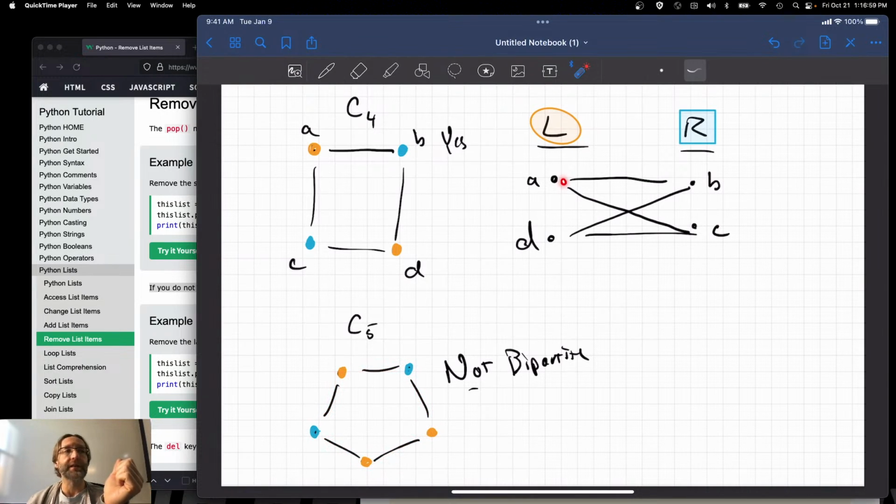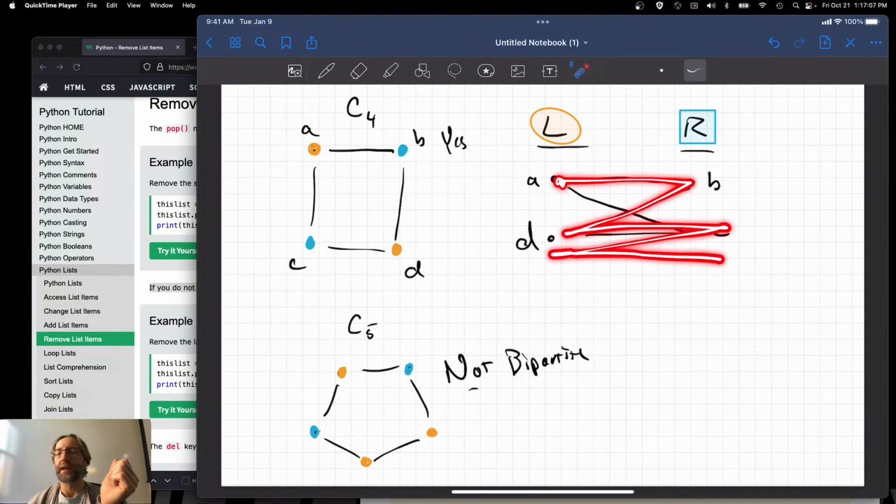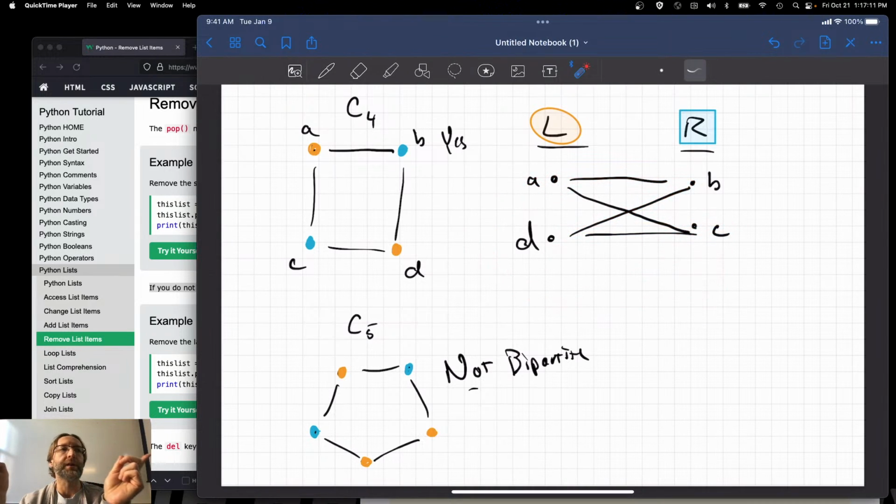Because if you have an odd length cycle, you start at a vertex, 1, 2, 3, 4, 5 means that you would have to end up back at the same vertex over here, and it can't be in 2 partitions at once. So you can have 1, 2, 3, 4, but you just can't have odd length cycles.